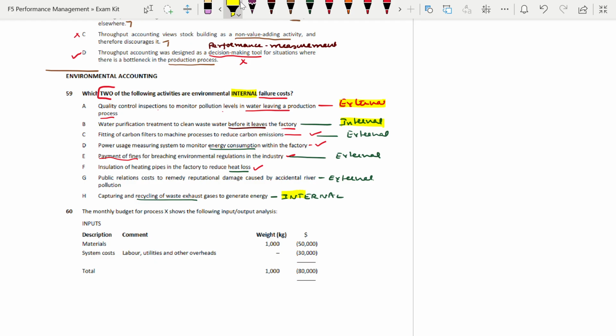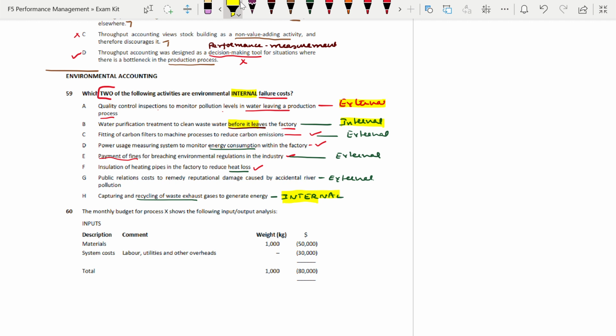Water purification before means internal. Capturing and recycling to generate energy is internal. Public relation cost, reputational damage, external.